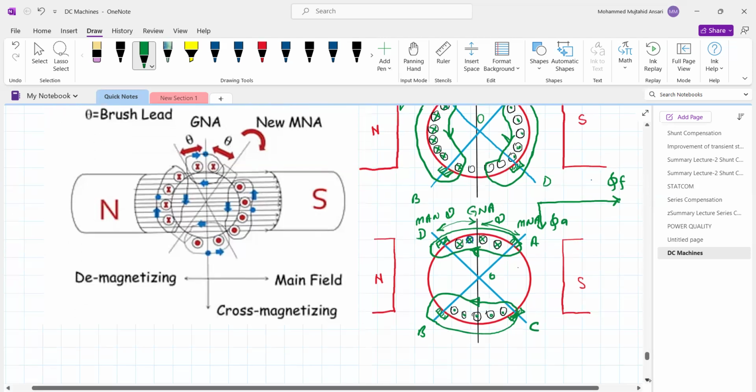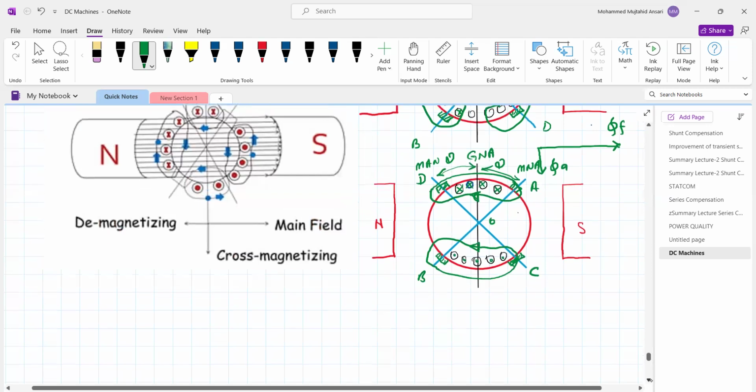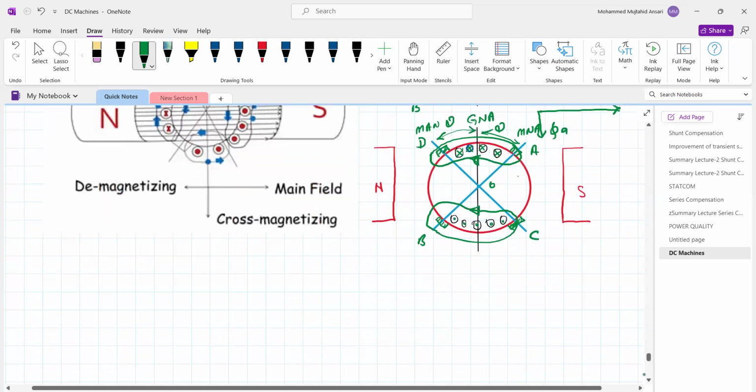We can represent it in this way. This is the main magnetic flux phi F produced by the main field winding, whereas it produces magnetic flux in the opposite direction.